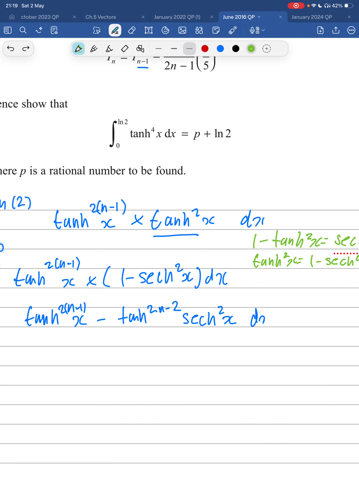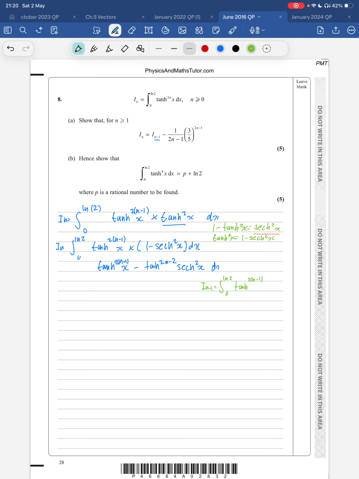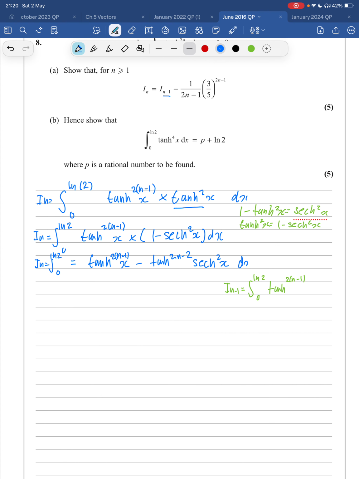I_(n-1) would look like, still having these limits, tanh^(2n-2), just so we have that. And I'm going to keep it neat and organized, you follow the same steps. That equals tanh^(2n-2).